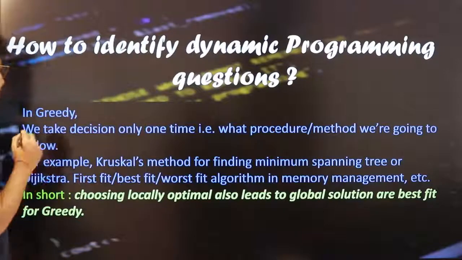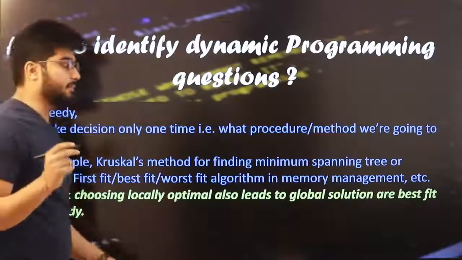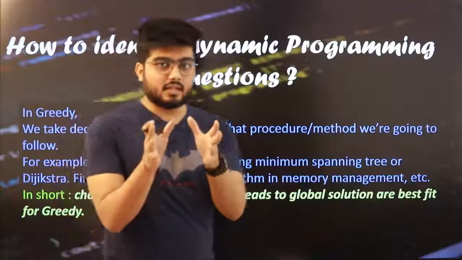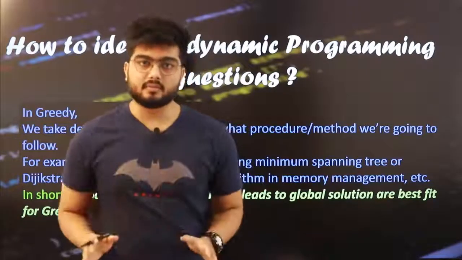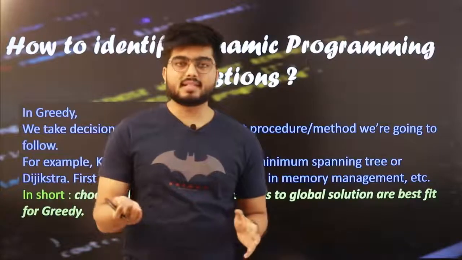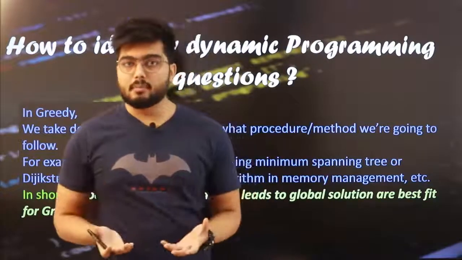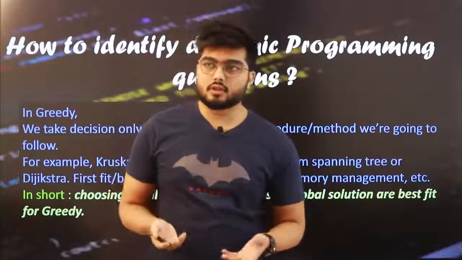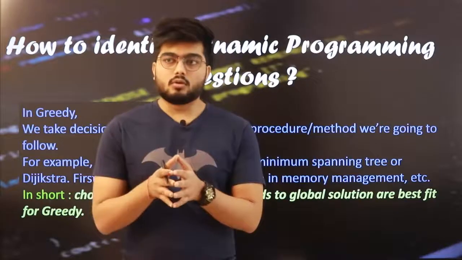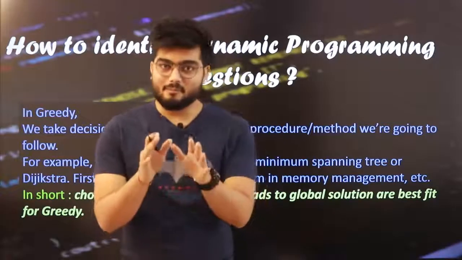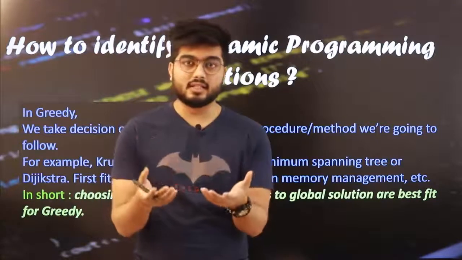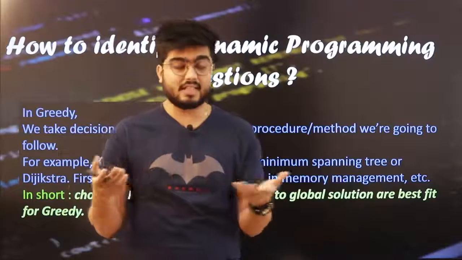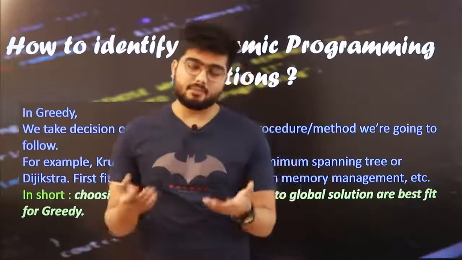In greedy, we take a decision only one time. What happens in greedy is that we make a procedure, a method, and we follow that. That's all. A very famous example is when we want to find a minimum spanning tree, using Kruskal or Prim's, whatever you want. A minimum spanning tree is just the tree which has the least total edge weight.